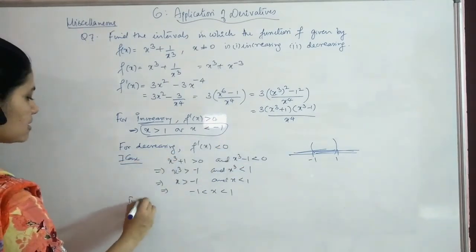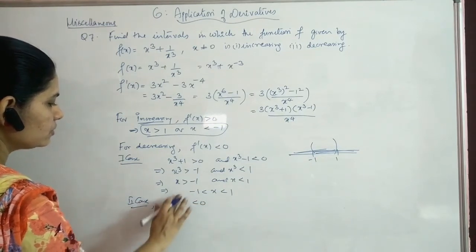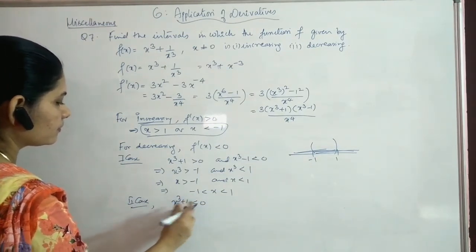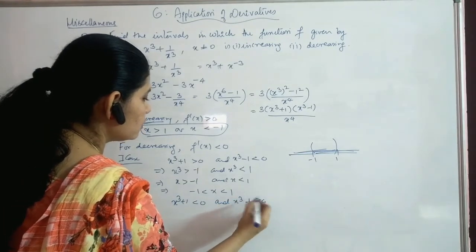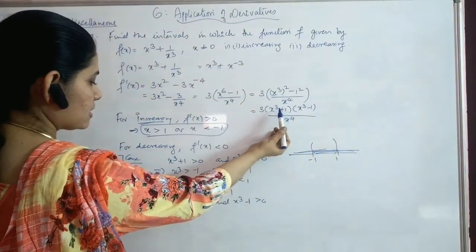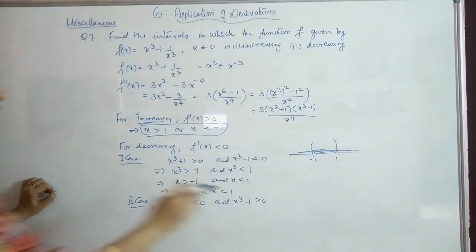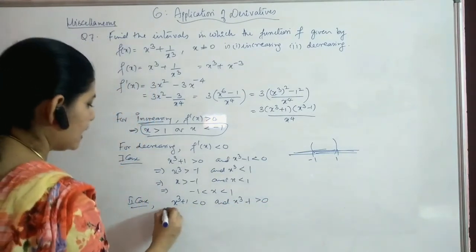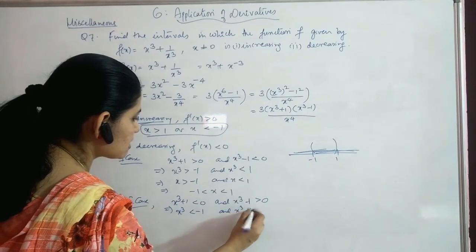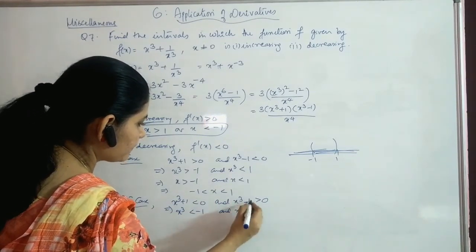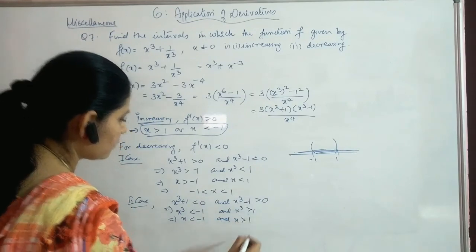Now the second case is if x cube plus 1 is less than 0 and x cube minus 1 is greater than 0. That means in this product one is negative and the other is positive, so that the product gives you negative. At that time you will get x cube is less than minus 1 and x cube is greater than 1, or x less than minus 1 and x greater than 1.